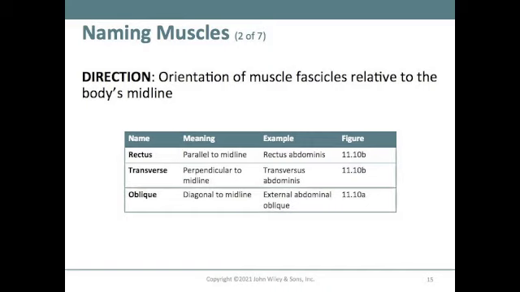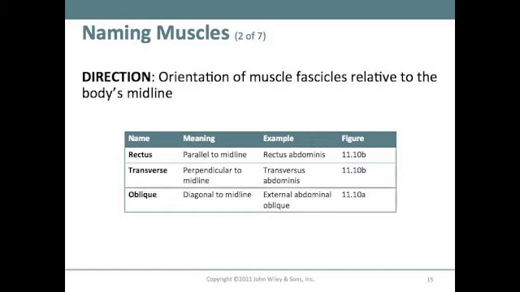The orientation of muscle fascicles relative to the body's midline. So this shows you that if you see a muscle that's called a rectus, rectus just means it's parallel to the midline. That doesn't mean that it's on the midline. It doesn't have to be on the midline. Don't get me wrong. It's parallel to the midline. So that's very important to understand, is that parallel is when two lines travel in space in such a way that they will never touch each other.